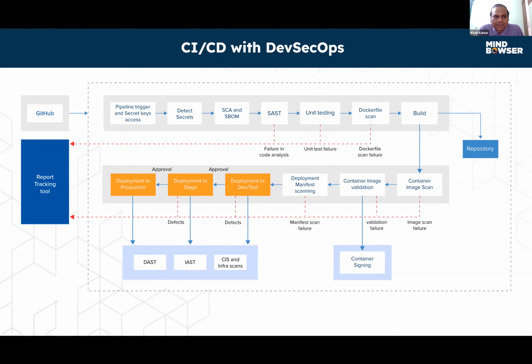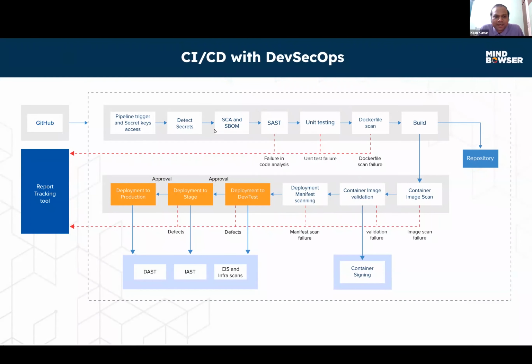Yes, Praveen. So, as you mentioned rightly, this is being done at different phases, like before deploying to dev or test. Once that pipeline gets triggered, it will execute SCA and SBOM, which I was telling you, like composition analysis that detects deprecated libraries or old libraries, and generates a report.